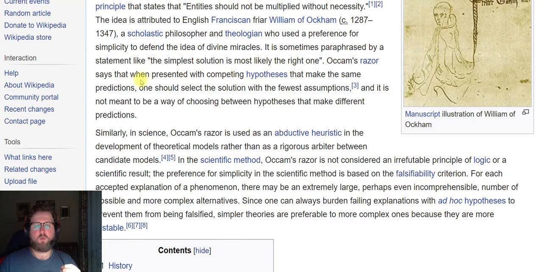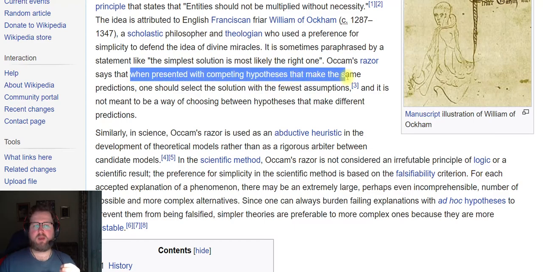So we now have competing hypotheses. So when presented with competing hypotheses that make the same predictions, it means in our case that while having similar symptoms obtained from physical examination and anamnestic collection, we still believe that they can be signs of some different diseases, not exactly acute appendicitis.